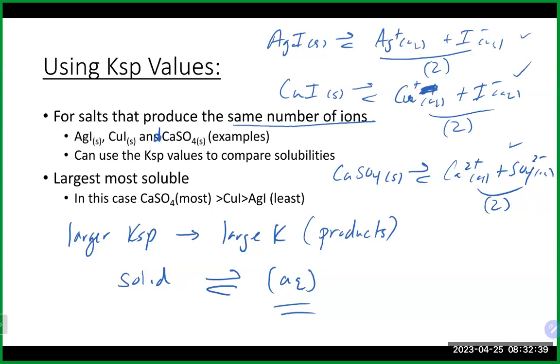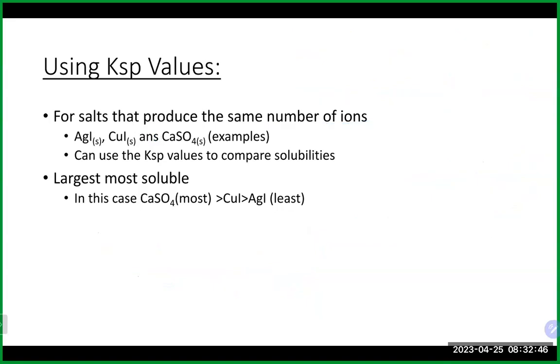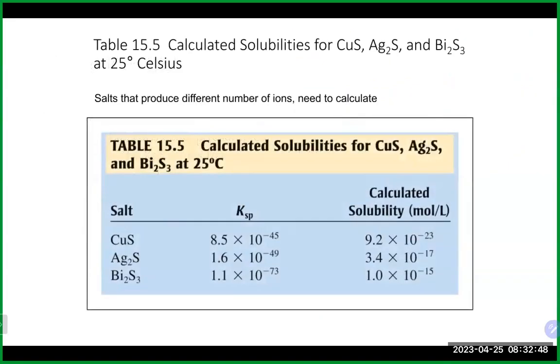So the larger the K value, the more soluble. The smaller the Ksp value, the least soluble it would be. Now, if you're trying to compare salts that do not break apart into the same number of ions, you really cannot use the Ksp values to help you determine that.